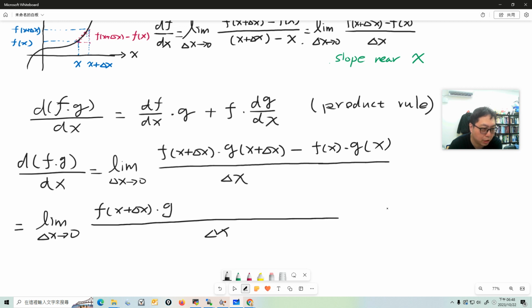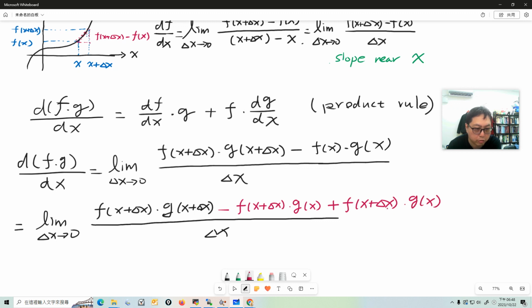We subtract f of x plus delta x times g of x, and we also add the term f of x plus delta x times g of x, together with minus f of x times g of x.